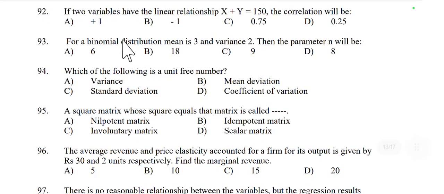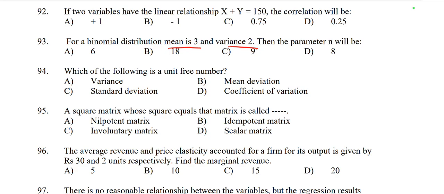Then question number 93. For a binomial distribution, mean is 3, variance is 2, then the parameter n will be. We know that in a binomial distribution, the mean and variance are related to the parameters n, the number of trials, and p, the probability of success.